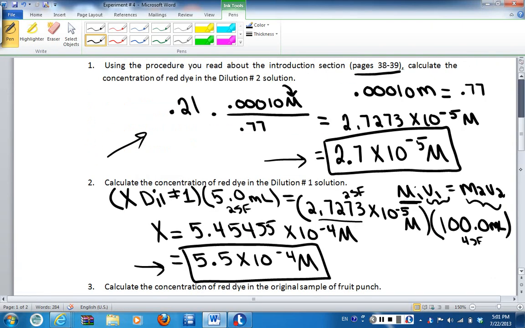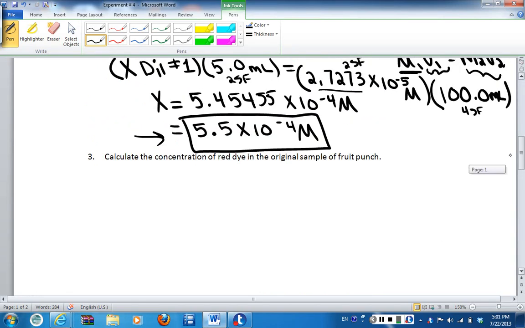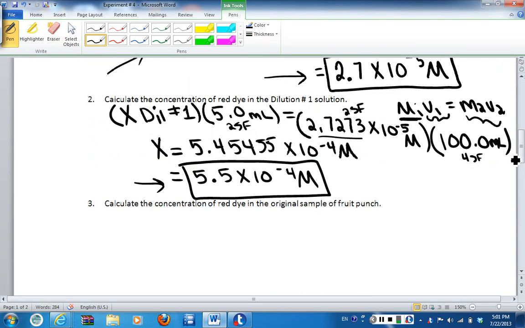Okay, so we want the concentration of the original solution. So again, we will be using M1V1 equals M2V2. Now M1, that's the concentration in my original solution. You can name it M1, you can name it X, it doesn't matter.